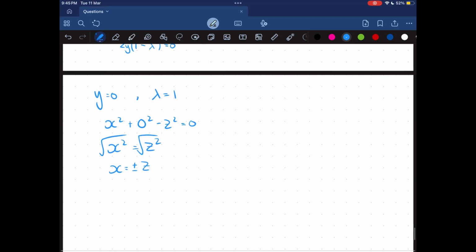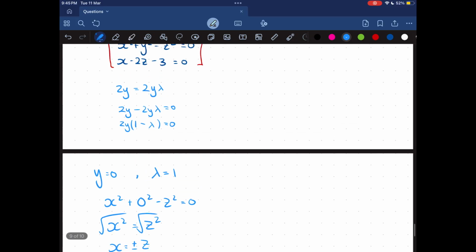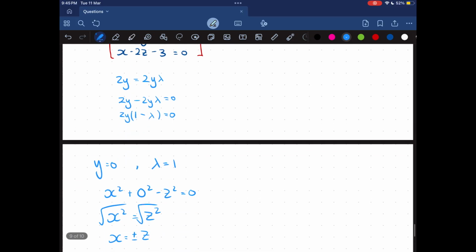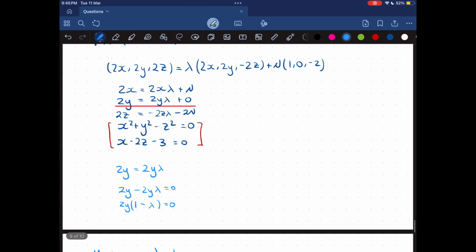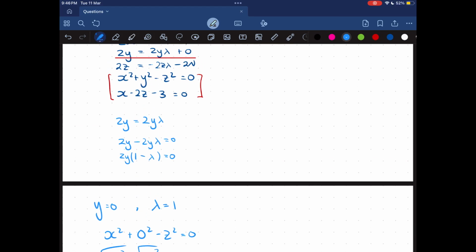Perfect. So now we have some kind of telltale of what x is equal to. It's not definitive yet. We don't exactly have a numerical value, but we're on the right track. So now using our next constraint, which is this one, we can easily plug in plus or minus z to get some numbers. So now I'm going to use green.